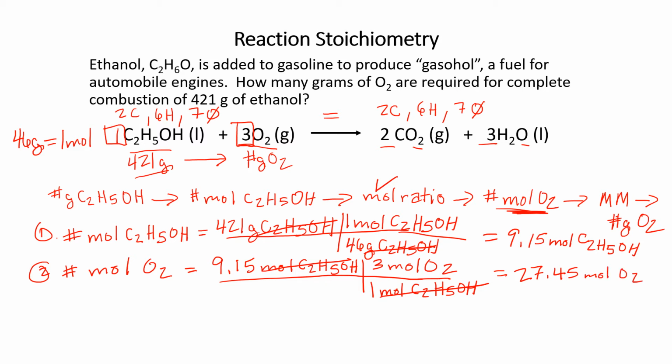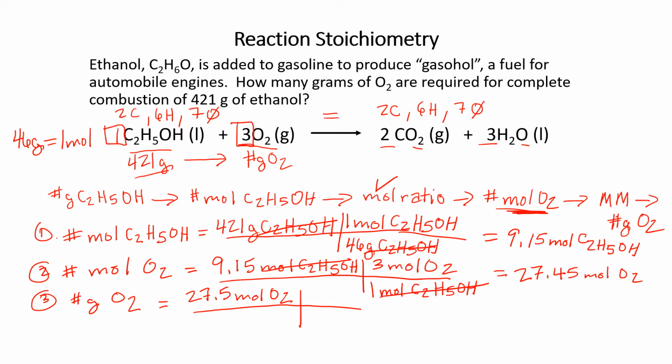Now check this out. Remember, if I'm in moles of a substance, to get in grams of that substance, I just multiply by that substance's molar mass, right? So this is 27.5 moles of diatomic oxygen, and I'm just going to multiply by the molar mass of diatomic oxygen.